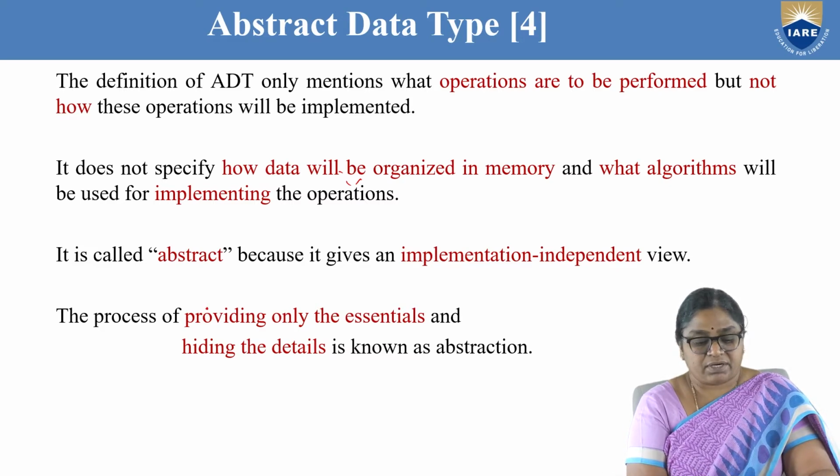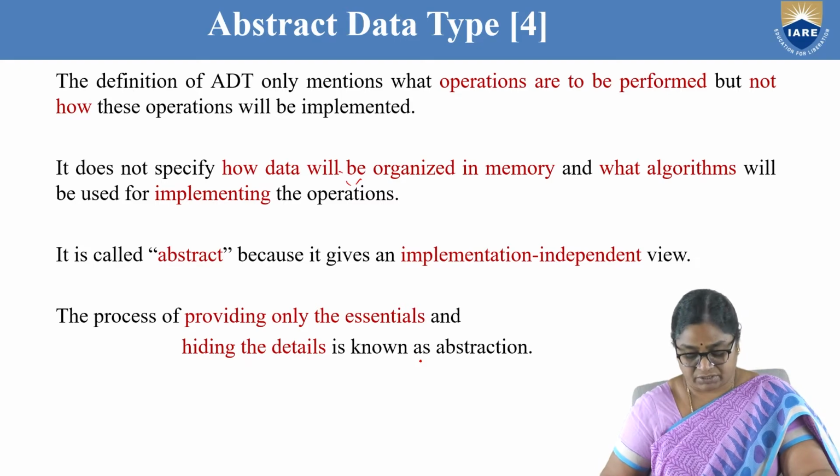It is called abstract because it gives an implementation independent view. The process of providing only the essentials and hiding the details is known as abstraction. So in the ADT, we'll write which operations are to be performed, but we don't give the implementation details.